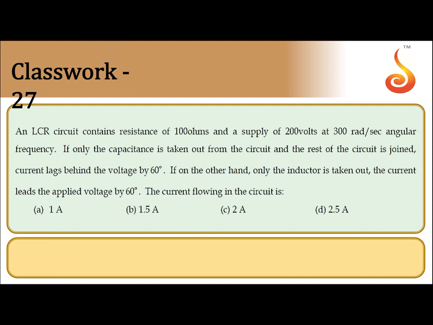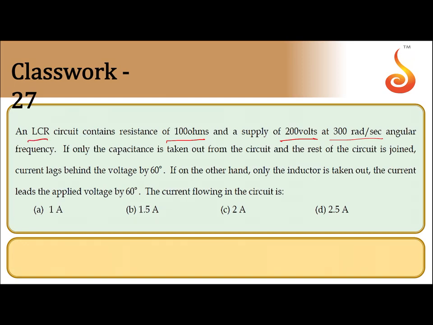The current flowing in the circuit is, see, there is a resistance of 100 ohm, supply is 200 volt, angular frequency is 300 radian per second. It's an LCR circuit, all the three are there.